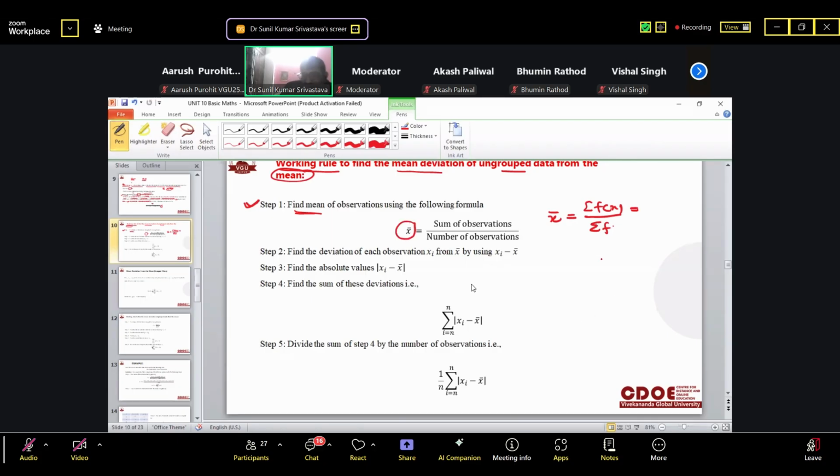Suppose we have a data set 3, 4, 6, 7, and 8. First of all, we have to find its mean.